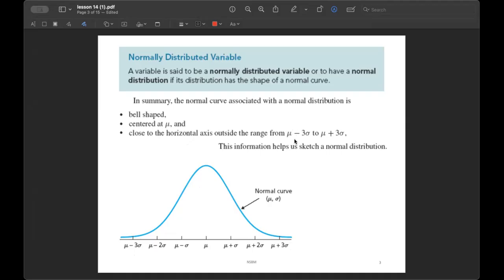This information helps us sketch a normal distribution very easily. Is it clear?